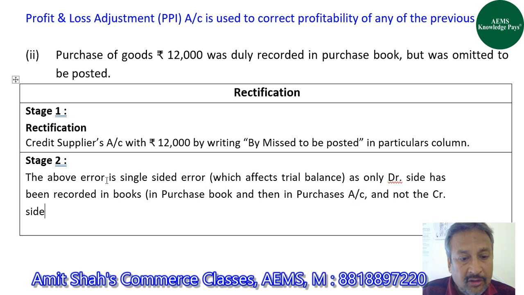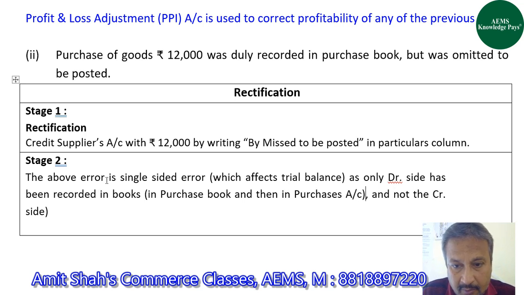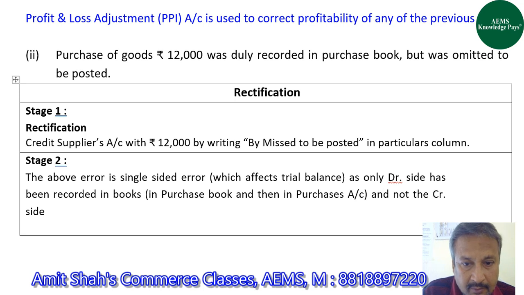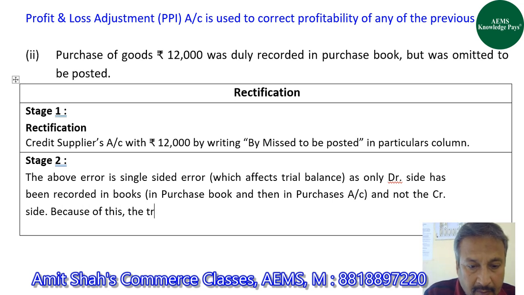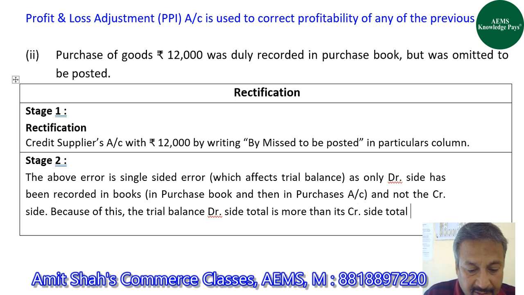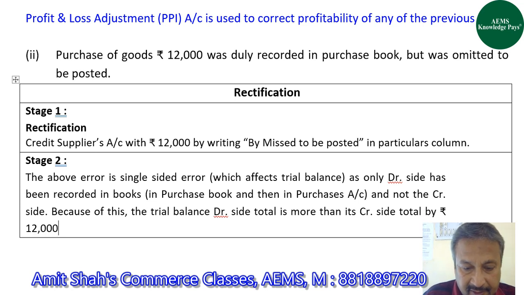But nothing has been recorded on credit side. Because of this, the trial balance debit side total is more than its credit side total by rupees 12,000.